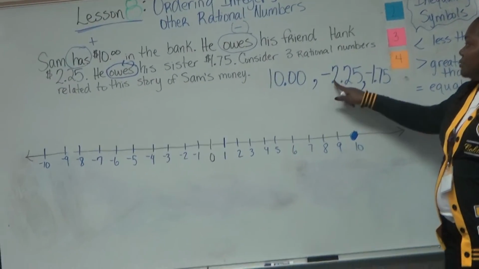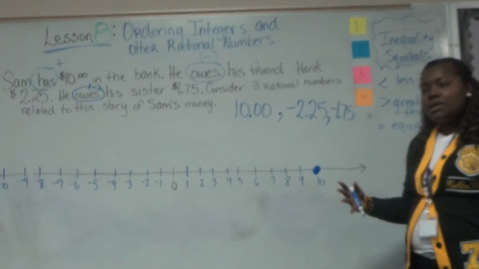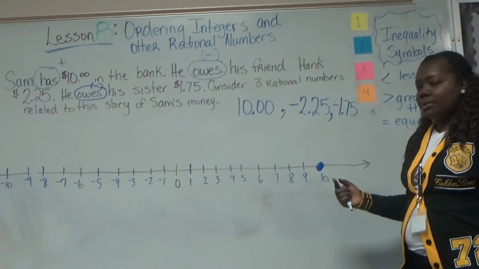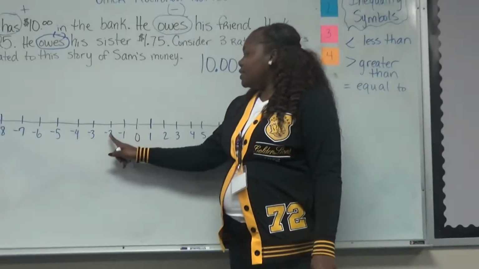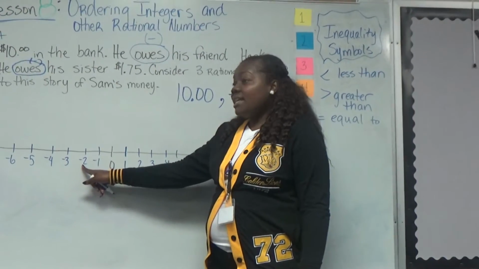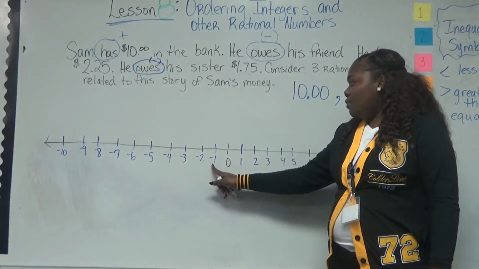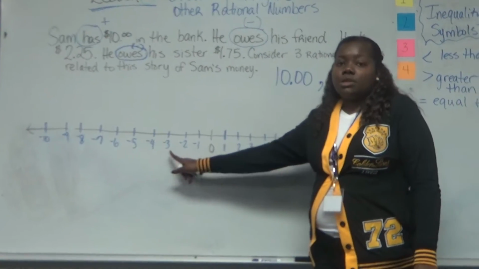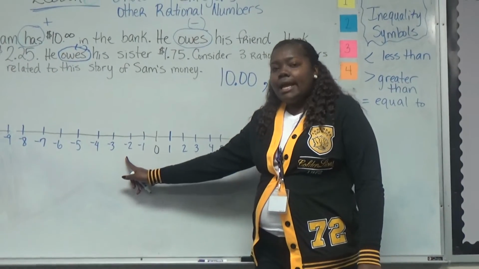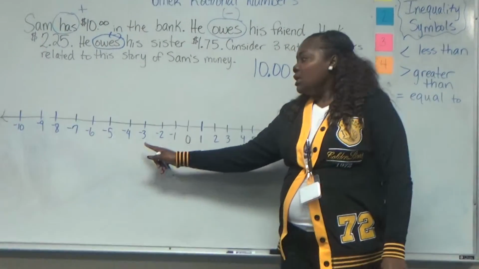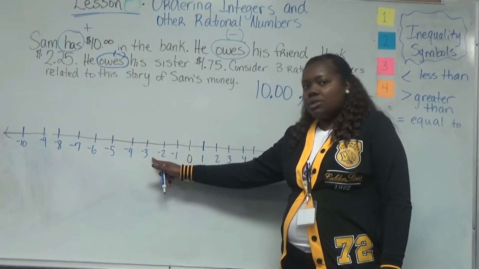Then to put negative 2.25 on there. This isn't a whole number, is it? No, so I need to go down to negative 2. Now, it says it's negative 2.25. Am I going to be in between the 1 and the 2, or in between the 2 and the 3? Between the 2 and the 3, because I know it's 2 and a little more change. Is 2.25 going to be closer to the 2 or closer to 3?